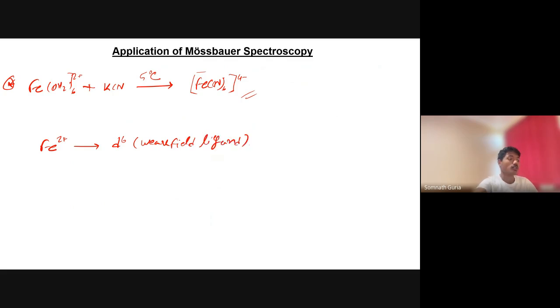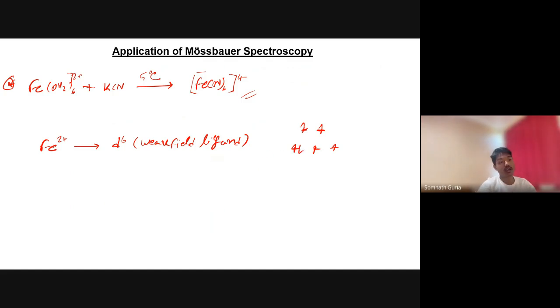This is the weak field ligand. For hexacoordinated, we have t2g and eg. We have a weak field ligand, 1, 2, 3, 4, 5, and 6.